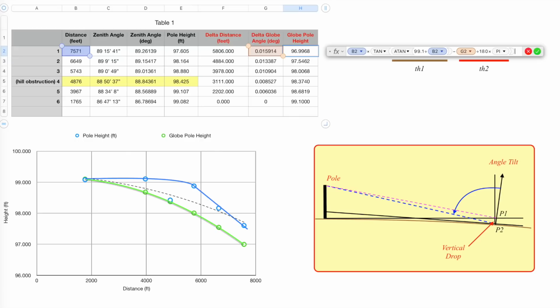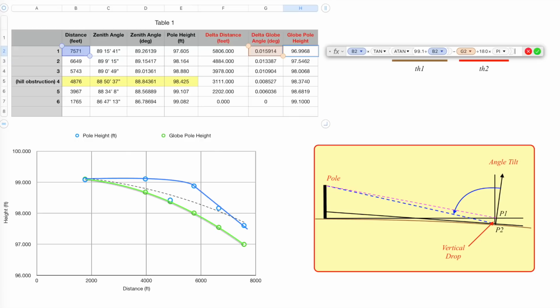If you look in the lower right inset there at the geometry, and spend some time, you'll start making sense of what's really happening. If we're at point 1, P1, and lined up with the pole, on a flat Earth with no gravity divergence, we would measure along that magenta line, okay?